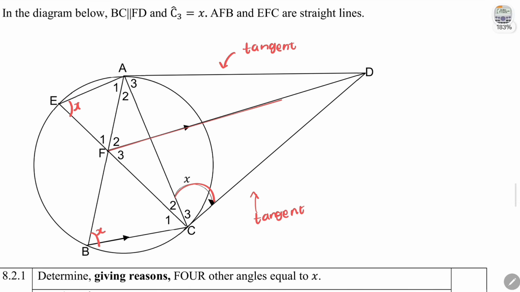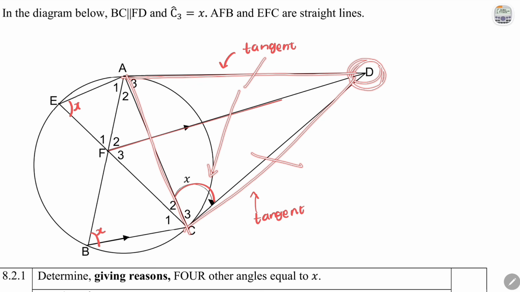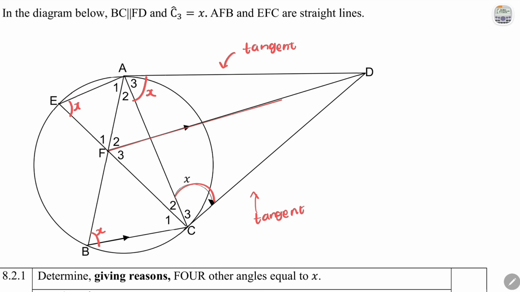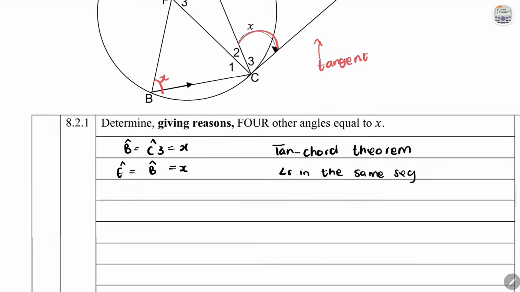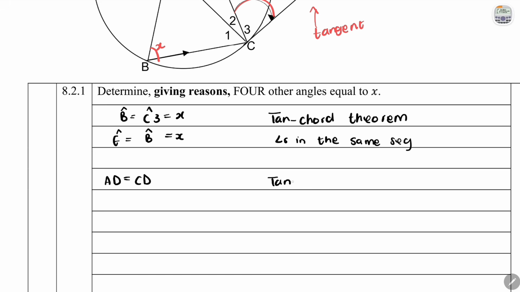Okay, if these are two tangents, right? If this is a tangent and that is a tangent, then we know that tangents drawn from the same point to a circle are equal. So if these two are equal, we have an isosceles triangle. And so, because we have two sides being equal, the angles opposite those equal sides will then be equal as well. To show them this, we would start by saying, because these are tangents, AD is equal to CD, and this is because we have tangents from the same point.